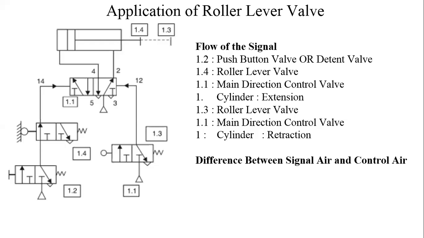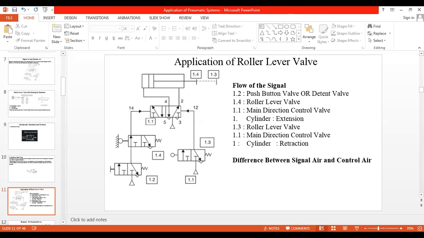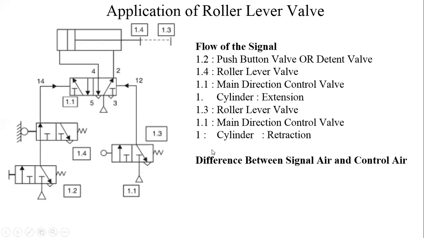For that, again, we are supposed to use time delay valve, which will take care that there is delay between end of the extension and start of the retraction. For that, time delay valves will be used.